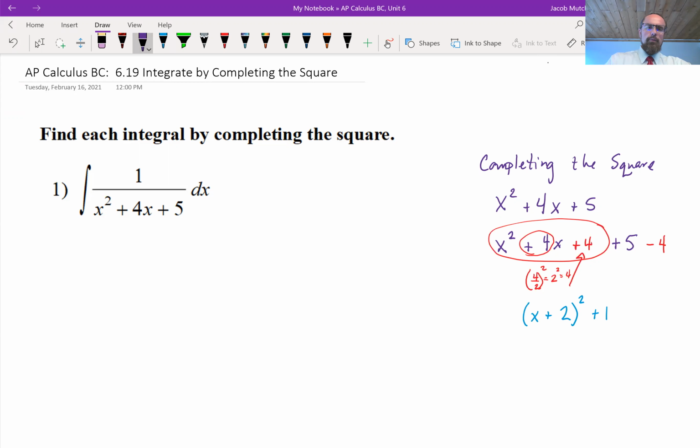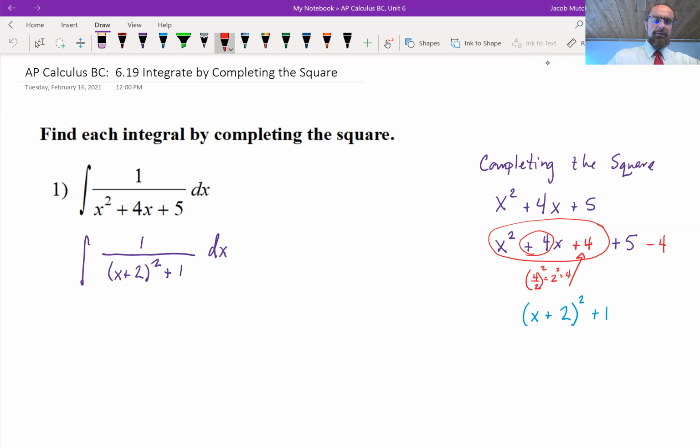Once I've got that, I want to replace the denominator of the integrand here with the completed the square form. So I'm going to substitute that in. Now the advantage of writing it in that format is that I have several basic integration rules that have a format of a squared plus u squared or so forth in the denominator. The one that we're looking for just now that would match this format is going to be this rule.